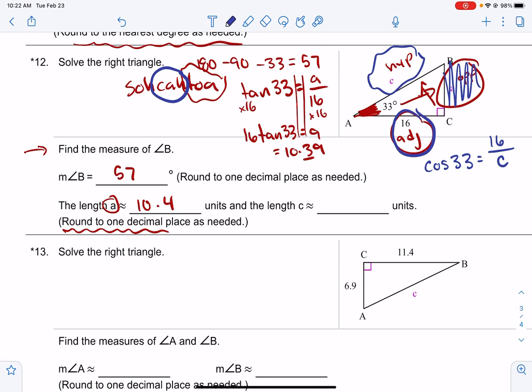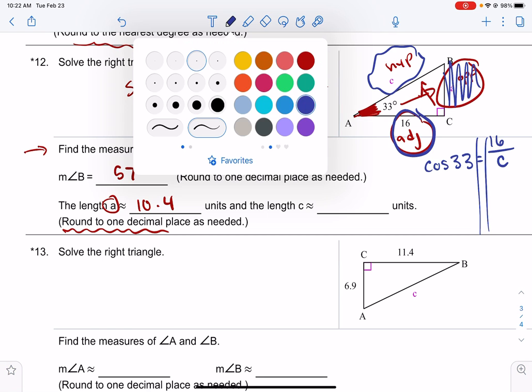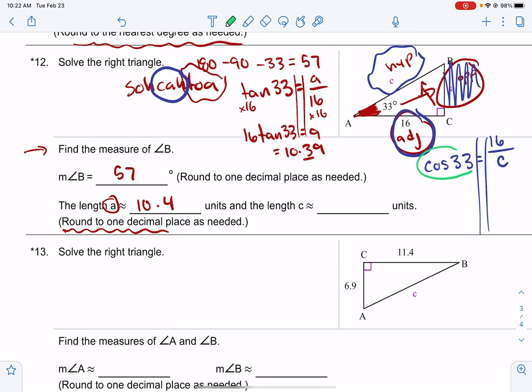And I think this is the first one on the review where when we do our railroad tracks, our variables are on the bottom. Now remember the trick. When you have a variable on the bottom like this, all I have to do is take cosine of 33 and C, and they're going to swap places.